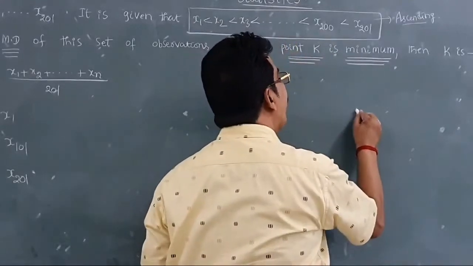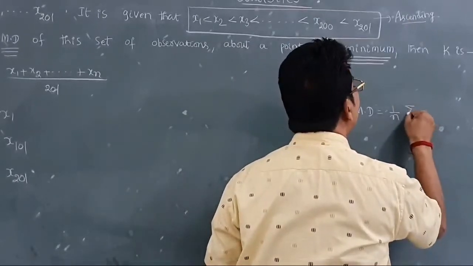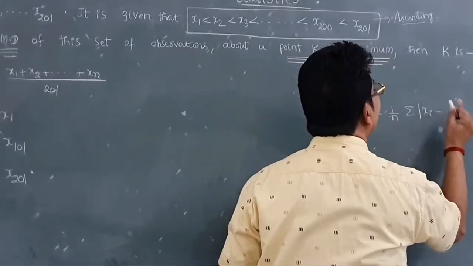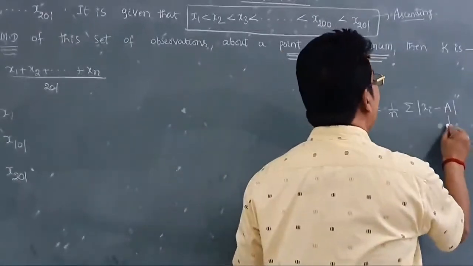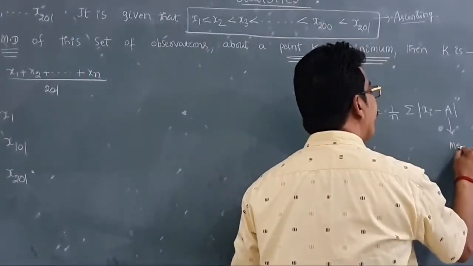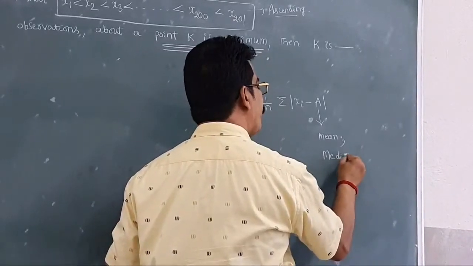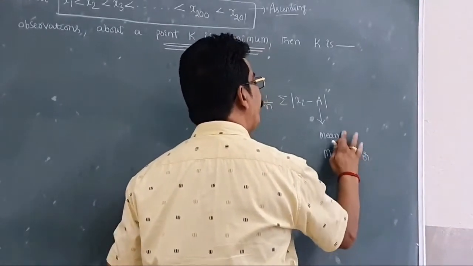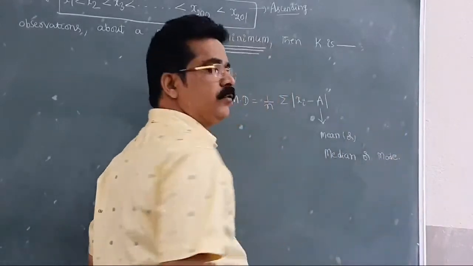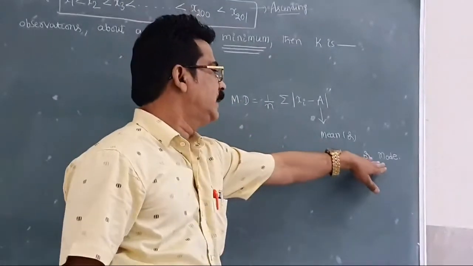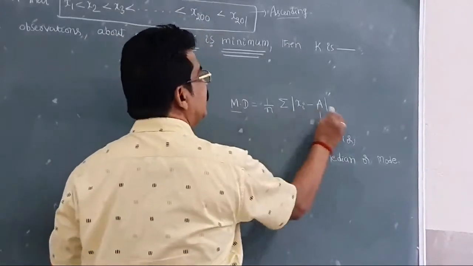Actually the formula is MD equals 1 by n into sigma modulus of xi minus A. Here A may be mean or median or mode. Understand? Of course we don't have the topic of mode, mode is out of syllabus, right? MD, this is the formula.